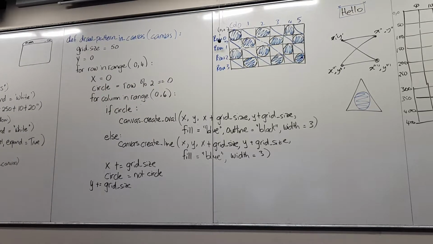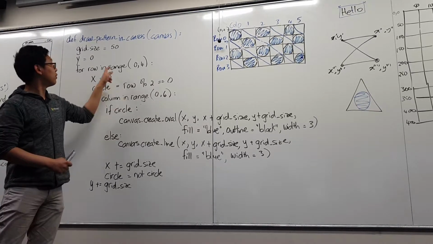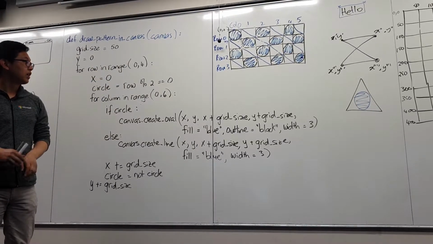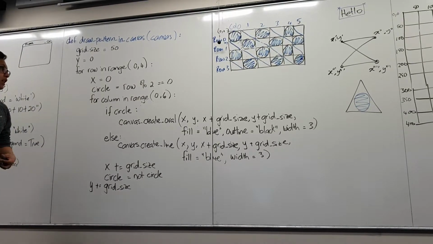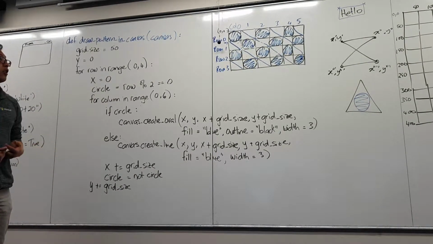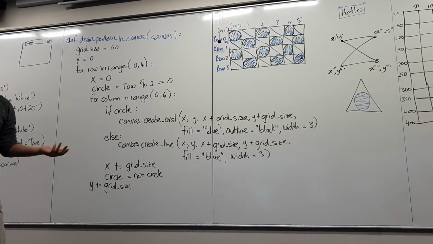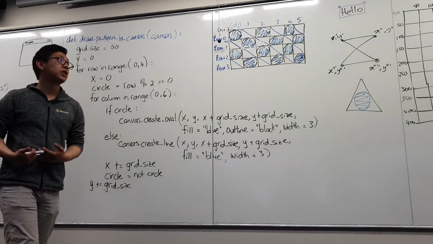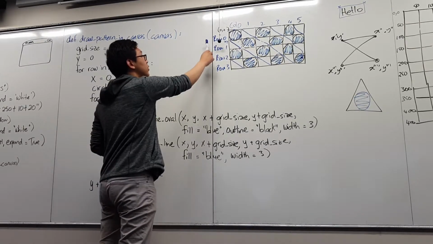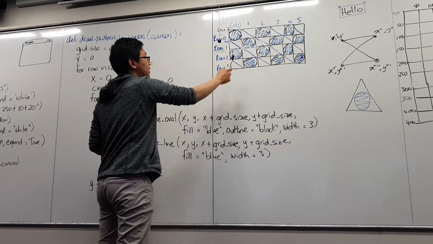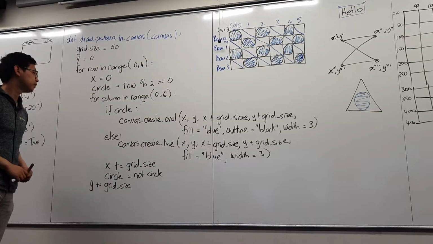What that is saying is, if this row is an even row, we're going to set this circle Boolean to true. And as you read the code further on, it says if it's an even row, I'm going to start with a circle. As you can see, rows and columns start with 0. So 0 is an even number, so that's why we start the circles on 0 and 2.